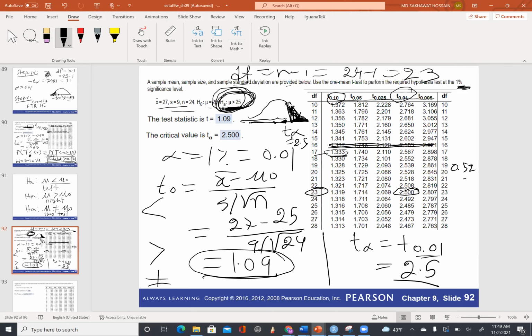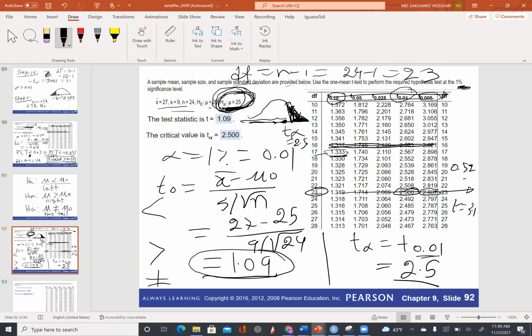Or similarly, if you have t 3.1 and degrees of freedom 23, this is greater than 2.80, right? And we can see that when t is increasing, the p-value is decreasing. So for t 3.1, the p-value will be less than 0.005.